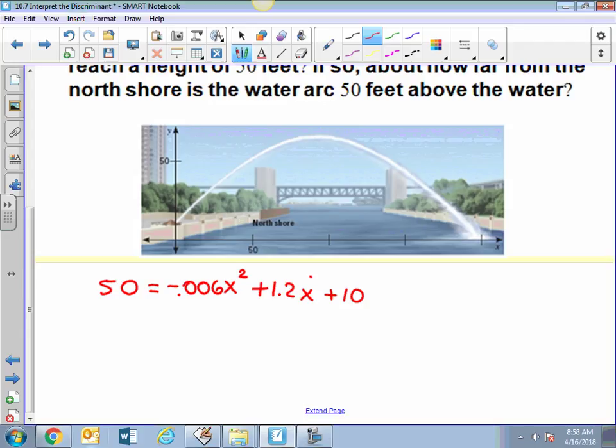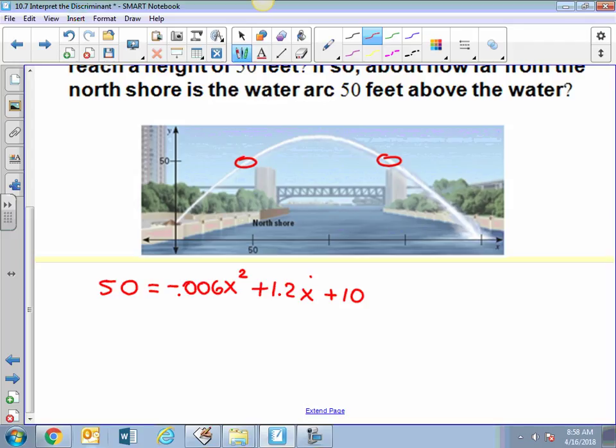Looking at this graph, and sometimes graphs can be deceiving, so don't trust anything without actually doing the algebra, it looks like it hits it at 2 different spots. You don't have to be a genius to see that it's hitting the 50. But again, looks can be deceiving. Don't always trust the graph.